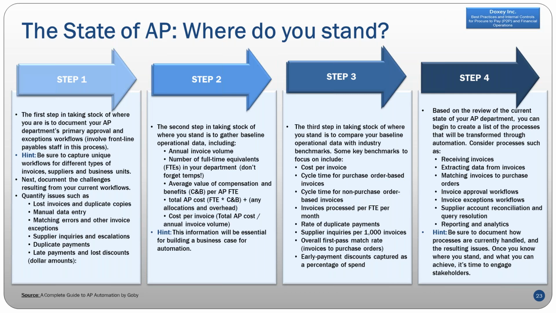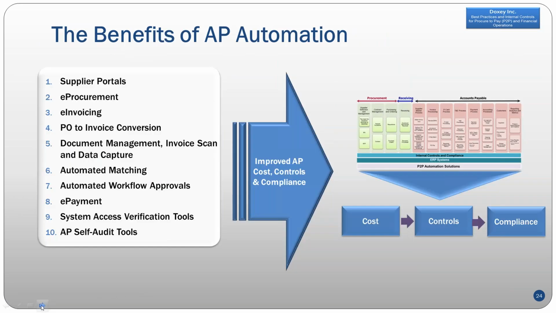What do your exceptions look like? Also supplier account reconciliation and query resolution, reporting, and analytics. Once you know where you stand, you can start thinking about what it makes sense to automate. Many companies just jump right in with both feet and don't have a good feeling for what can be improved versus what can move straight to automation.